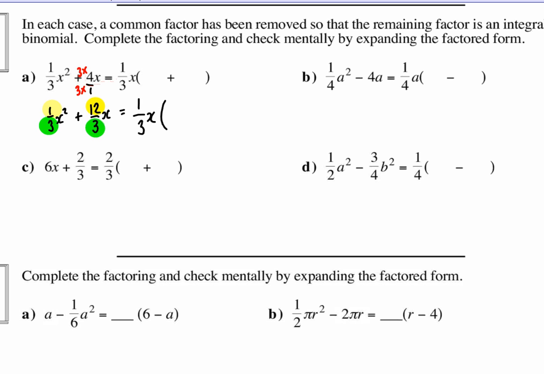So what's left over? 1 divided by 1 is just 1. 3 divided by 3 is just 1. So the 1/3 is gone. x squared divided by x is x, plus 12 divided by 1 is still 12. What happens with the 3? If I factor 3 out of 3, it's 1. So we're just left with the 12. Okay, that's it.